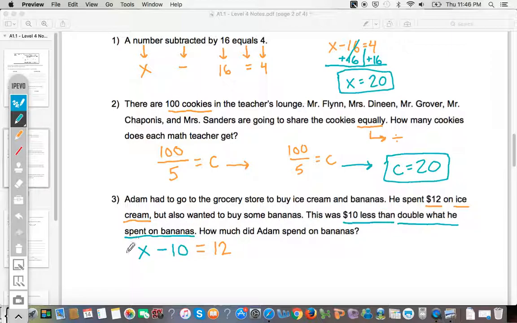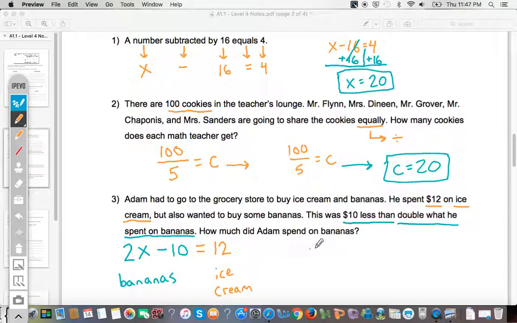Double. That means times 2. There. So on this side of the equation, I have all my banana information. And on this side of the equation, I have all my ice cream information. And at this point we have a level 2 problem, so we can just solve.